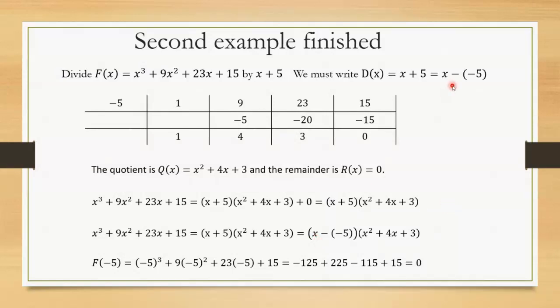And here all I did was replace it with x plus 5 because you had x minus negative 5 here. But there's something else you should notice. Notice if the dividend was the x cubed stuff, capital F of x, and you evaluate that at negative 5, you actually do get 0, which is what the remainder also is.